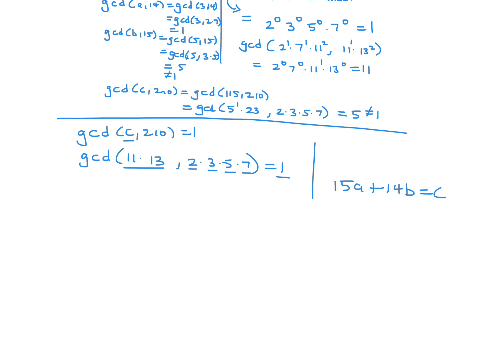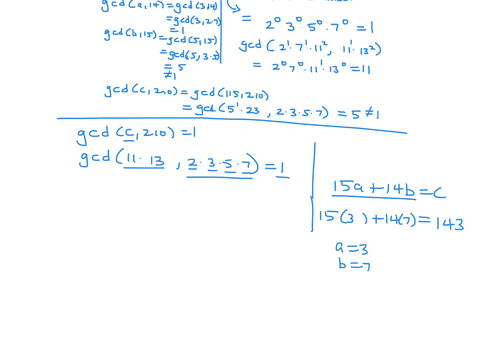So what did I do? I set C to be 11 times 13, because I can't have any of these prime factors. 11 times 13 is what? 143? Okay, so I've got to find an A and B that make that 143, and I think 3 and 7 would do it. So 45 plus 98, yeah, 3 and 7. So that means my A is 3 and my B is 7.